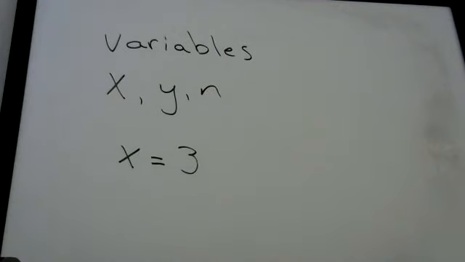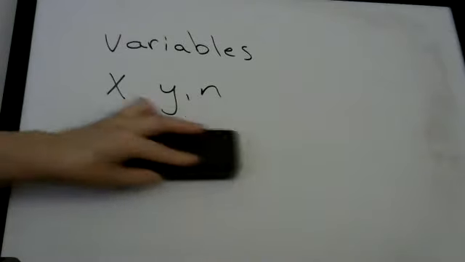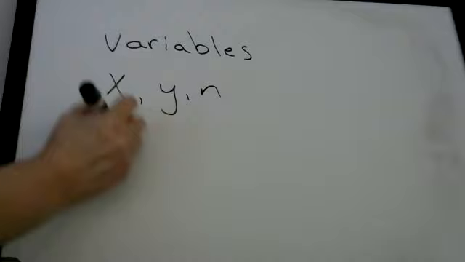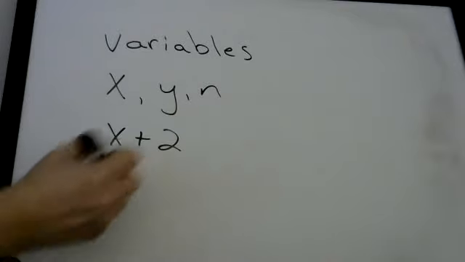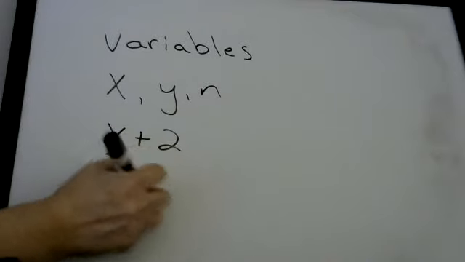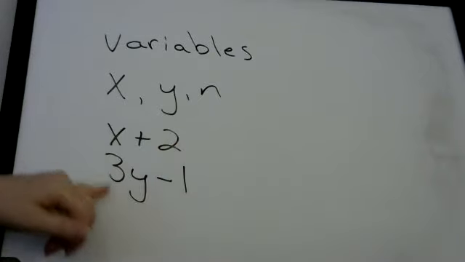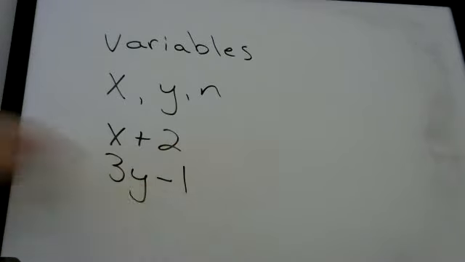So anything you can do with a regular number, you can do with a variable. So you can do x plus 2 or 3y minus 1. This means 3 times y minus 1. So anything you can do with a regular number, mathematically, you can do with a variable. I'm going to pause and put some stuff up on the board here.